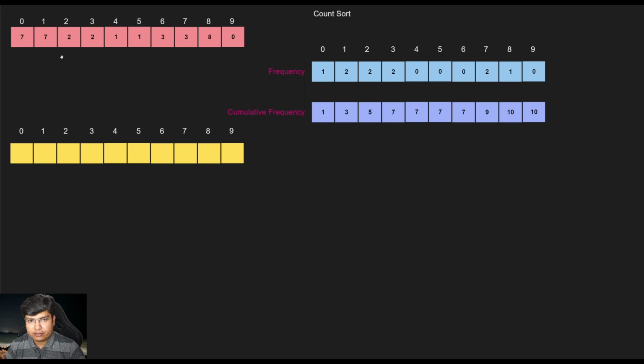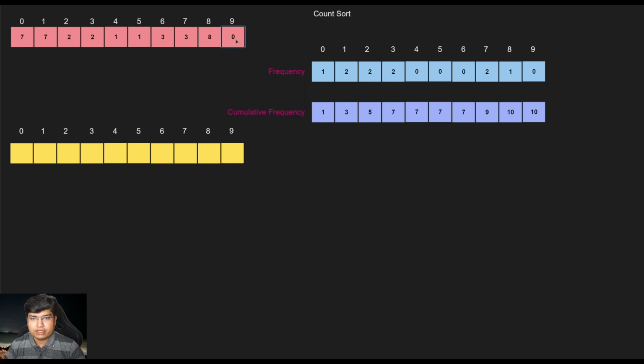But what might happen is we might reverse the order of these repeating numbers. The second 7 would become the first 7 in the final array, and vice versa. So let's go with the reverse order for now and preserve the original sequence of these numbers as well.